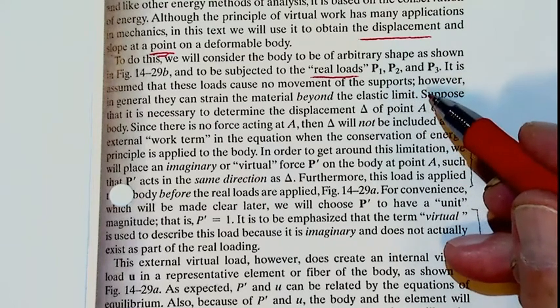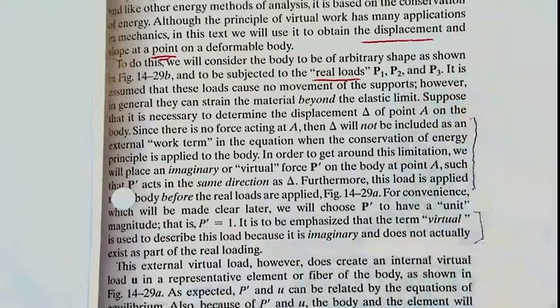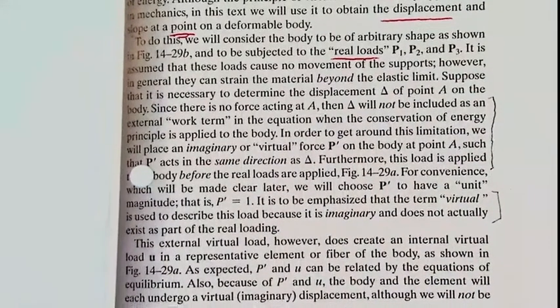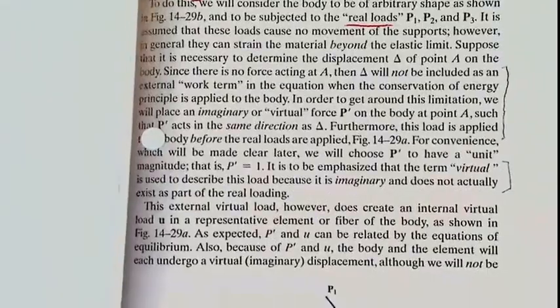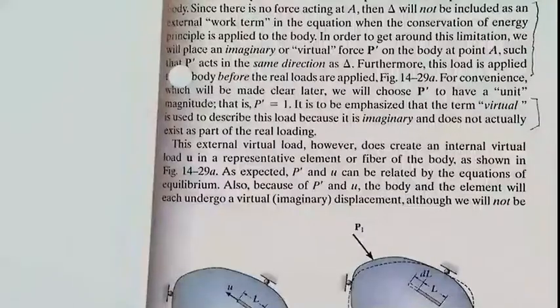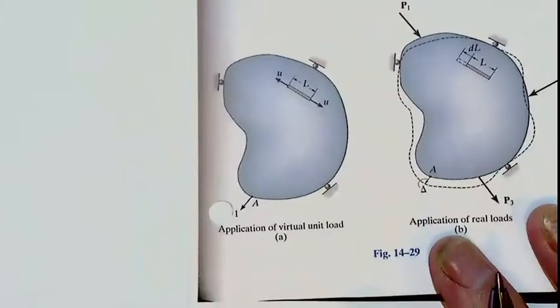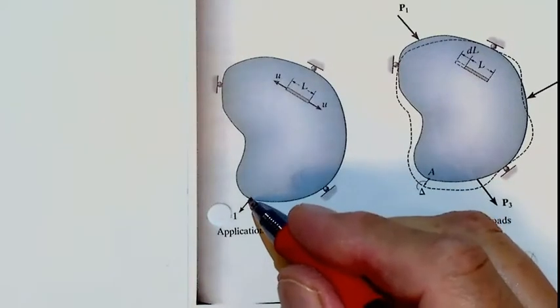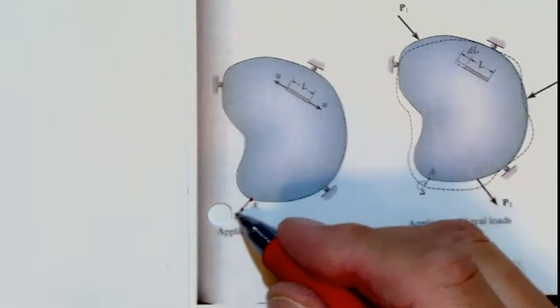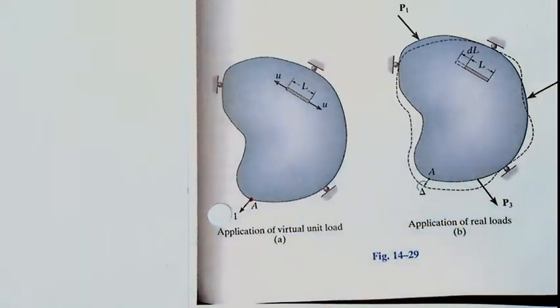That is also possible. Suppose that it is necessary to determine the displacement delta of a point A on the body. So that is this point A, and we want to find displacement in this direction. Pay attention, the body is arbitrary, not a beam, not a truss.